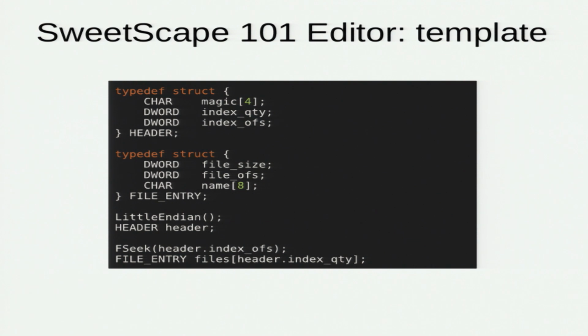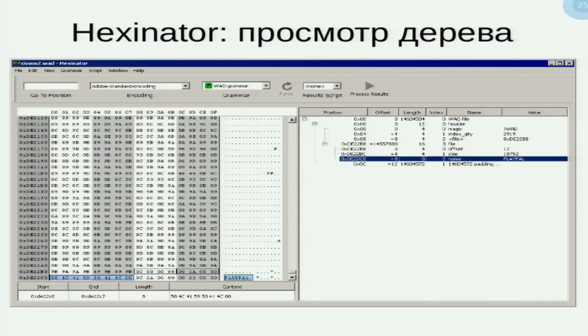We create 2 structures, the header structure and the index entry structure. And then we're saying that first we have a header, and we do it imperatively by calling some function to move, and then assign the file entry array. The Hexinator looks similar.